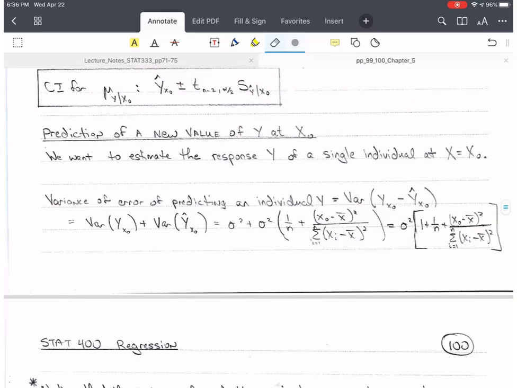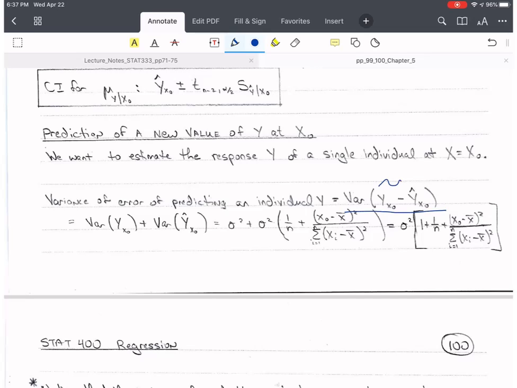Now let's talk about predicting a new value of y at x naught, and we want a confidence interval for this single value, okay? And so the variance of our error of predicting an individual value y is going to be the variance of y at x naught minus y hat at x naught.